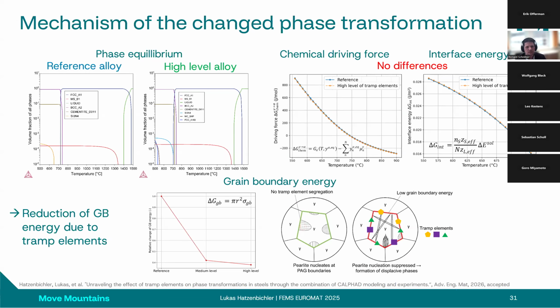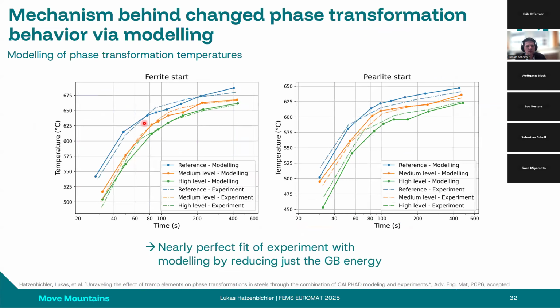So that was the idea behind it. Shown here are ferrite start temperatures and pearlite start temperatures from the CCT diagrams I showed before, and in the different colors the dashed lines are the ones from experiment and the full lines are the ones from modeling.